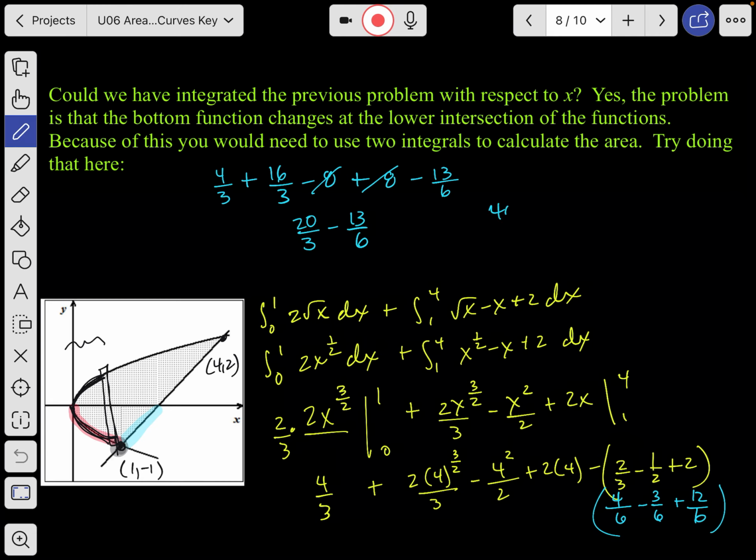So let's see, I can go ahead and double that, 40/6 minus 13/6, and that's 27/6. And so let's see if I did this right. 6 goes into 27 4 times with 3 left over. 6 into 30 is 5 times, and so 4.5, and that's my answer. Hey, that's the same answer that we got before, 4.5. So yes, we did it right.